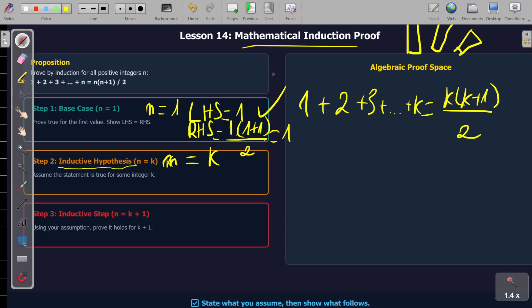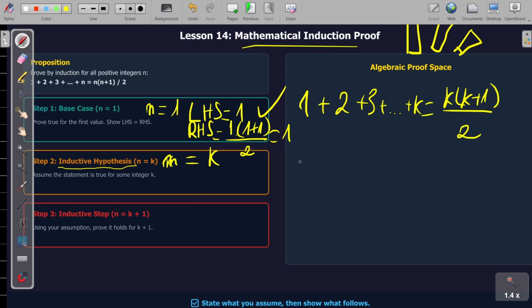We're basically substituting n with k here. This is the part where we are assuming it. Again, state what you assume, which is the second step. The third one is to show what follows. That's the next step. We do not know this is true.